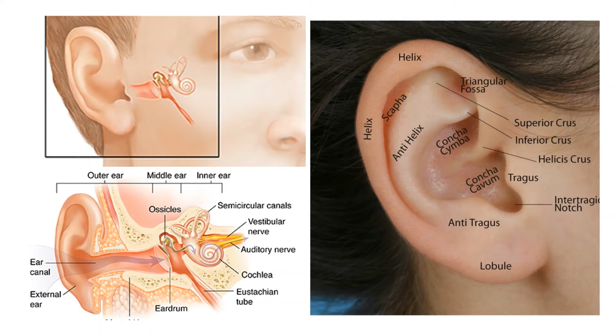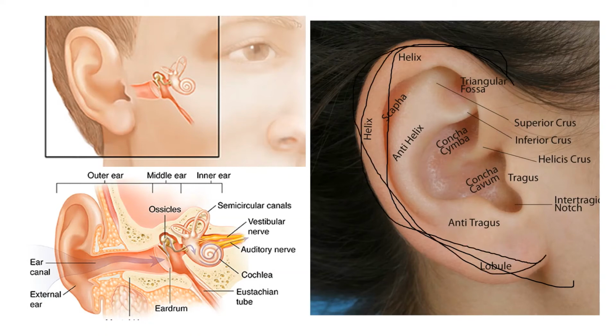All right, the outer ear, also known as our auricle or pinna, okay? This is the anatomy of the outer ear, all right? And it's designed in such a way with these curvatures, you notice almost everybody's ear is roughly the same.